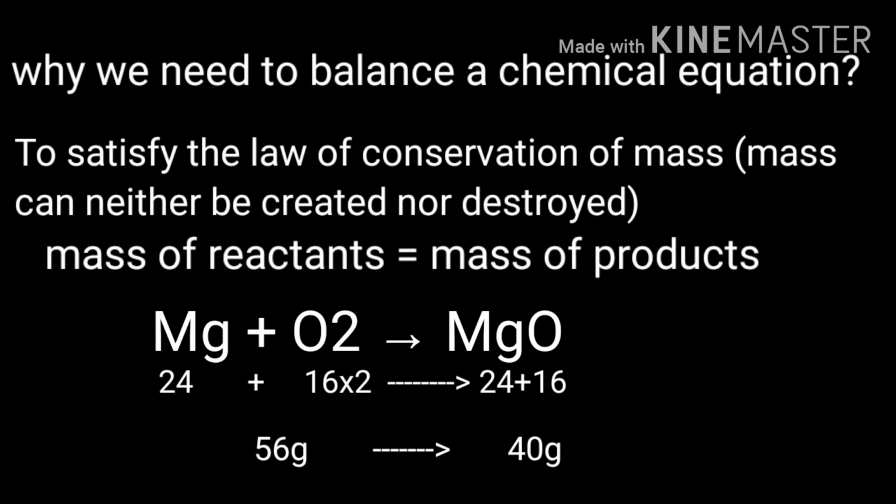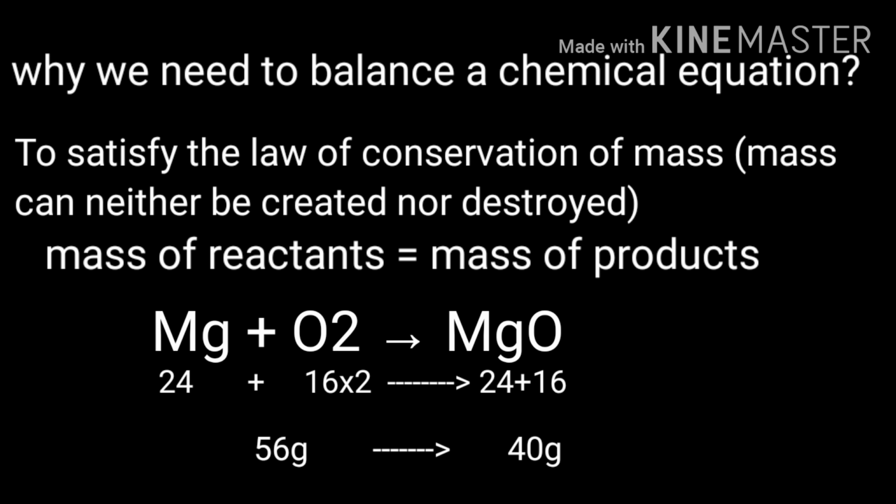So here a very important question arises: why do we need to balance a chemical equation? My dear students, we need to balance a chemical equation to satisfy the law of conservation of mass. According to this law, the mass of the reactants should be equal to the mass of the products.